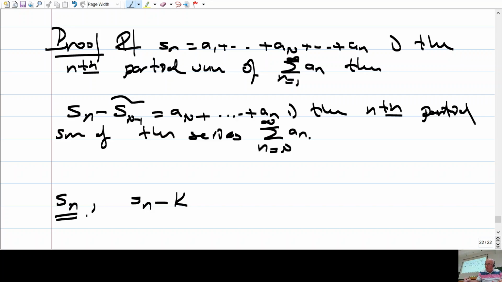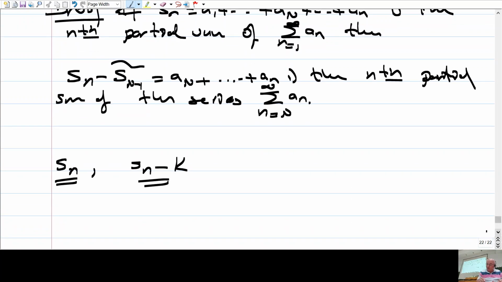And you wonder whether these are convergent or not. Well, if this is convergent, then of course this will be convergent. And if this is convergent, then this will be convergent. Because the difference between them is a fixed number. One of them is, let's say, 10 minus the other one, right? So if one of them is convergent, then the other one is convergent.